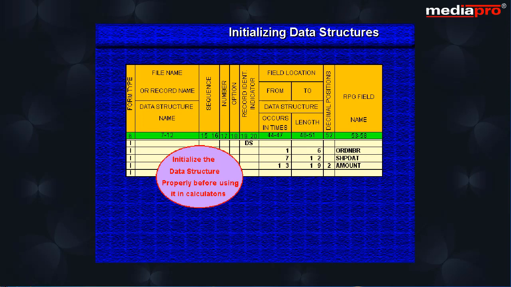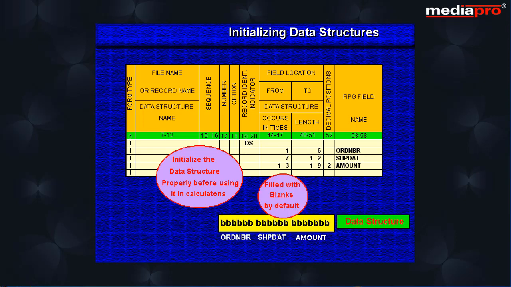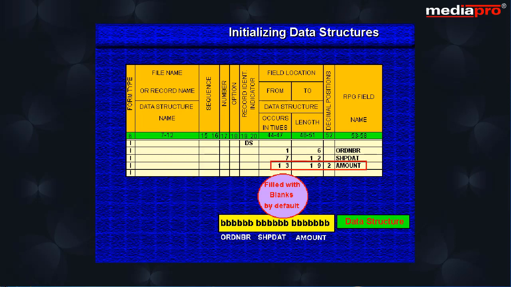By default, the data structure is filled with blanks as the program always treats a data structure as character. If any of the subfields are defined as numeric, they should be explicitly initialized before being written to a database file. Otherwise, a decimal data error will occur.